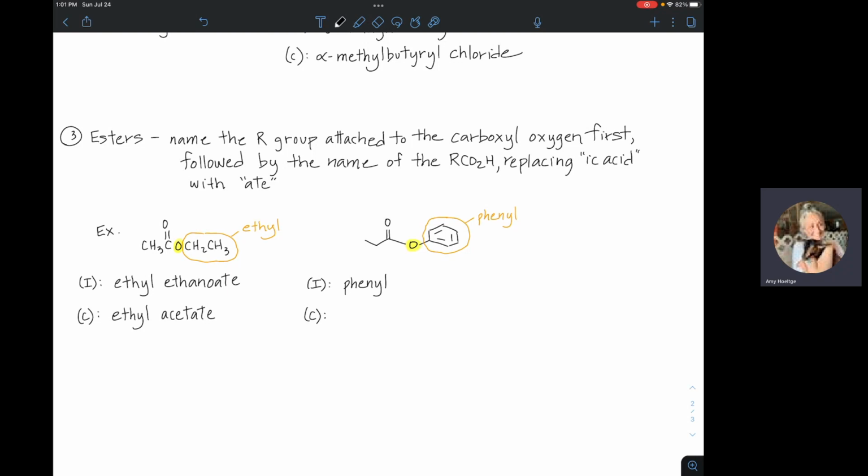And then there are 3 carbons that would have been the carboxylic acid, and that would have been propanoic acid. So this will be propanoate. For common nomenclature, we have phenyl, and that would have been propionic acid. So this is going to be propionate.